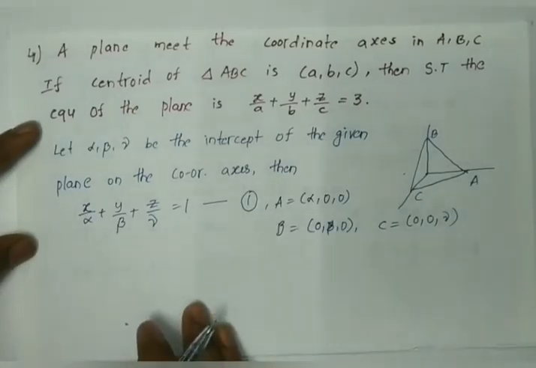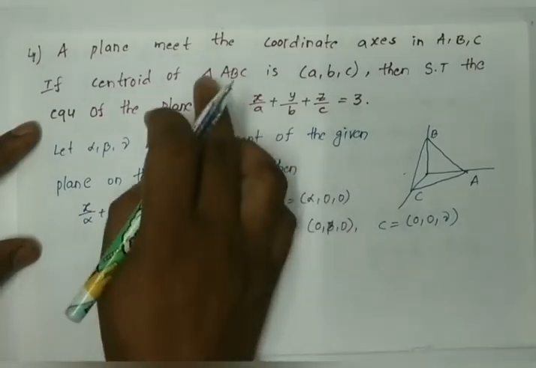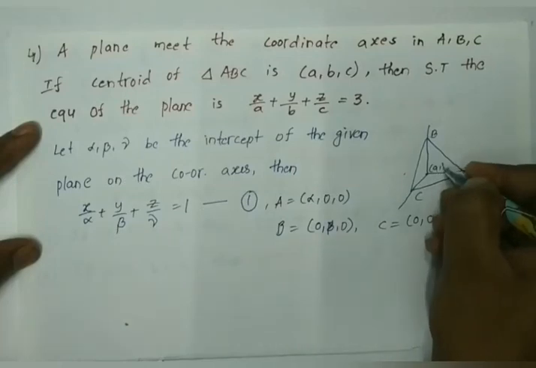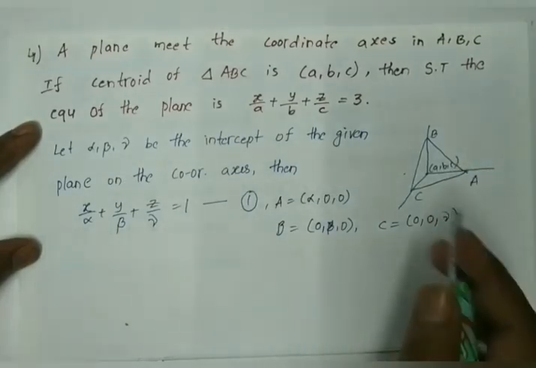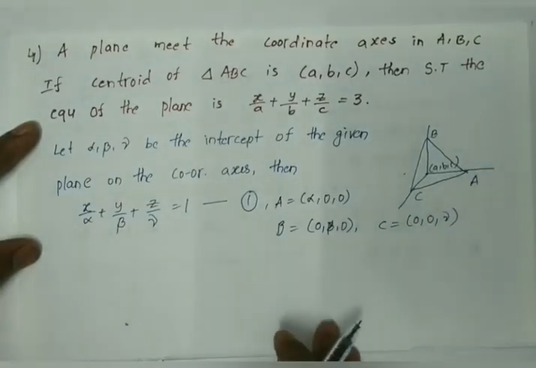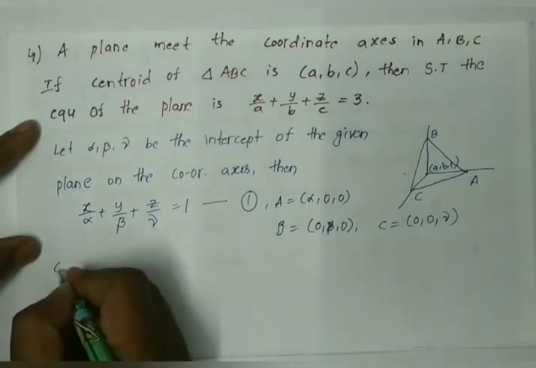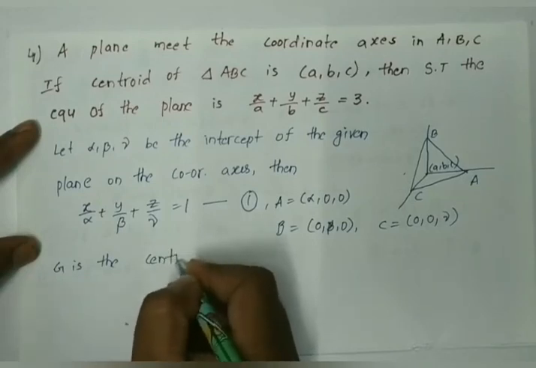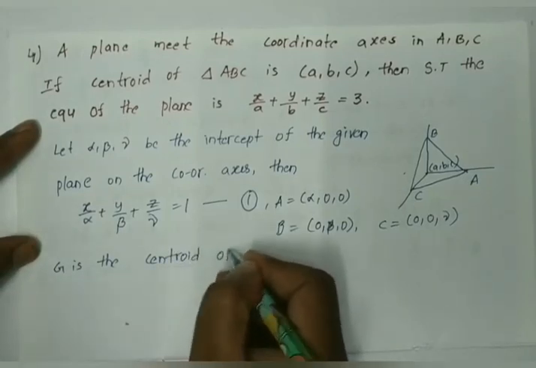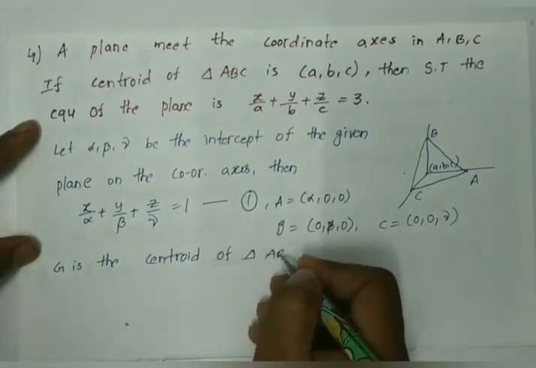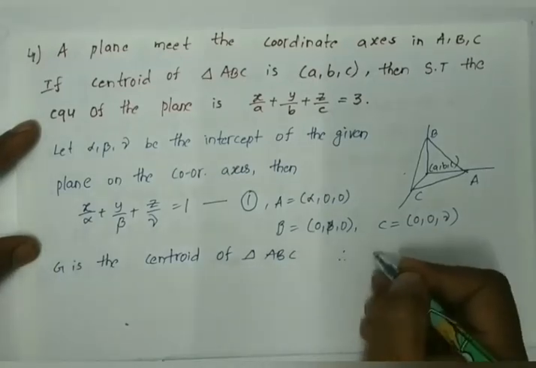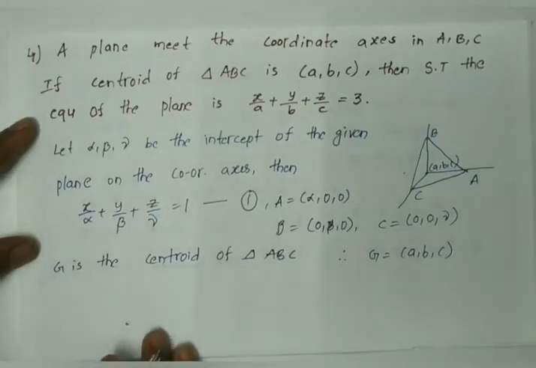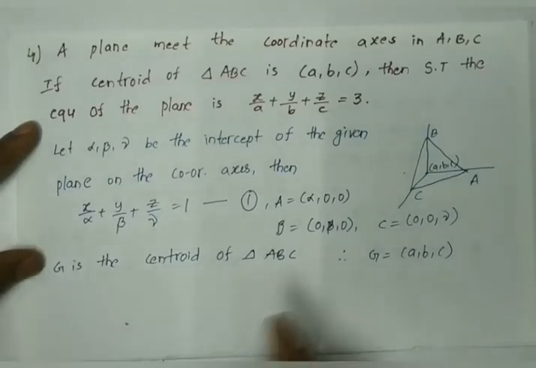Here it is given that the centroid of triangle ABC is (a, b, c). Suppose G is the centroid of triangle ABC. Therefore G will be equal to (a, b, c).